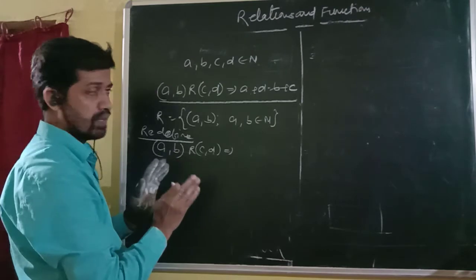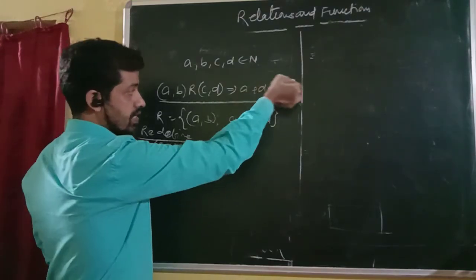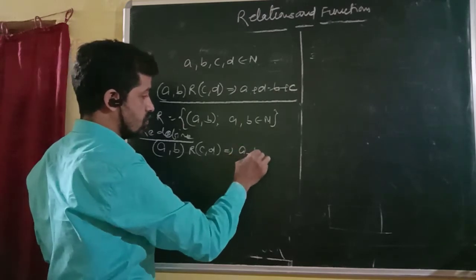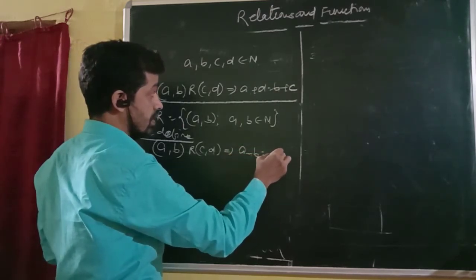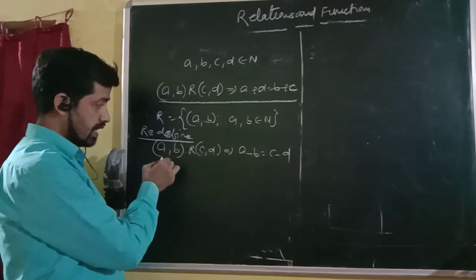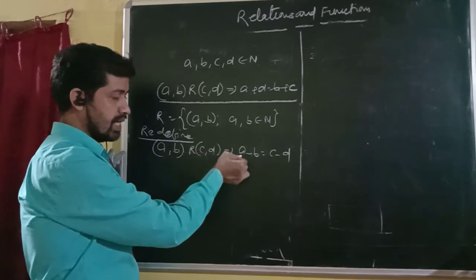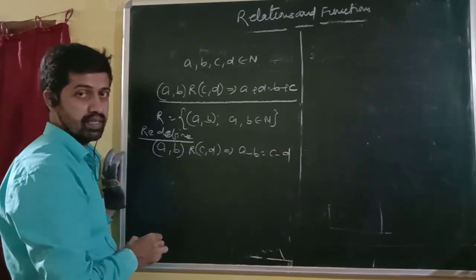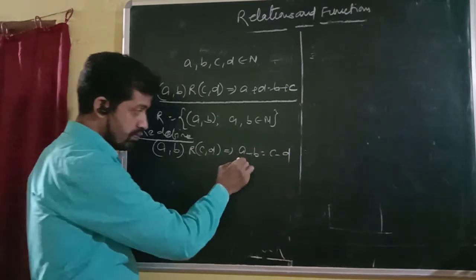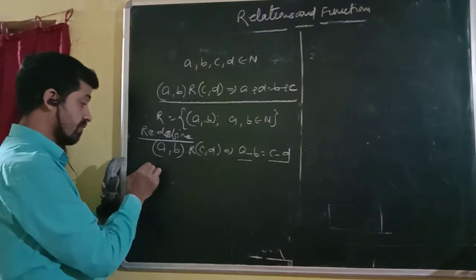We rewrite by making some arrangement. So B is transposed here, D is transposed here. So we get A minus B equals C minus D. AB related to CD now means A minus B equals C minus D. Now we will proceed with this definition.